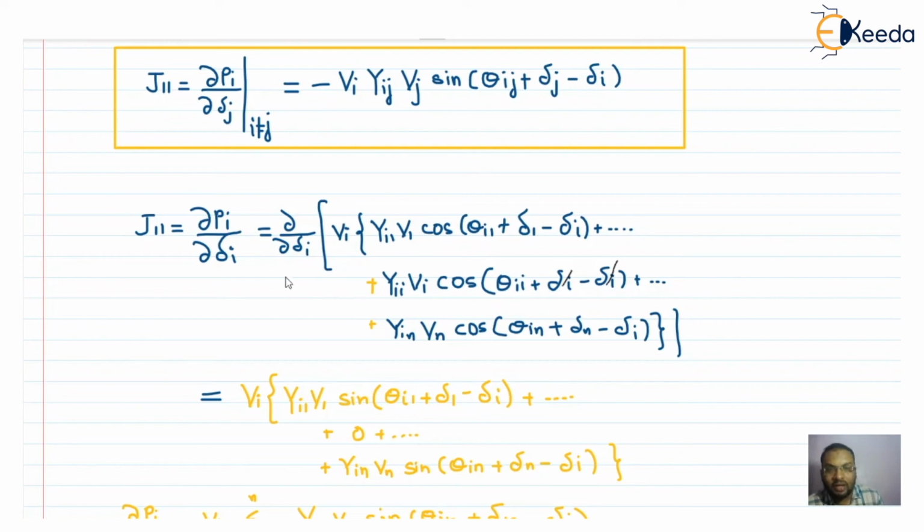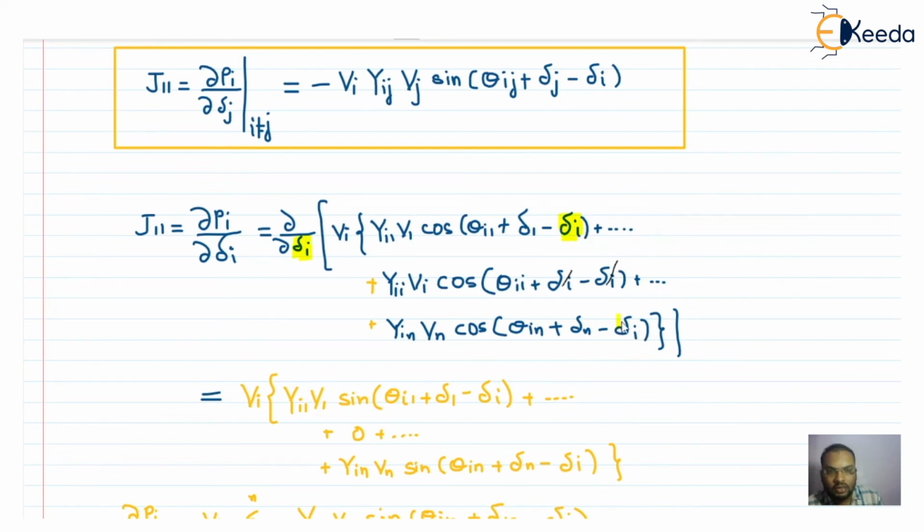Again, we are taking differentiation with respect to delta i. Now you have to take care where we have this delta i term. In each term we have this delta i.